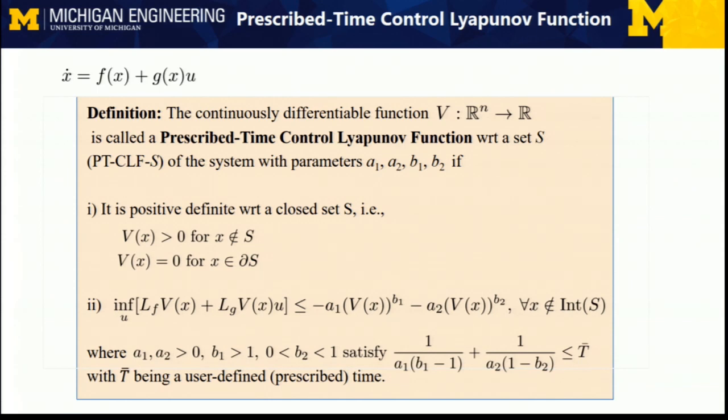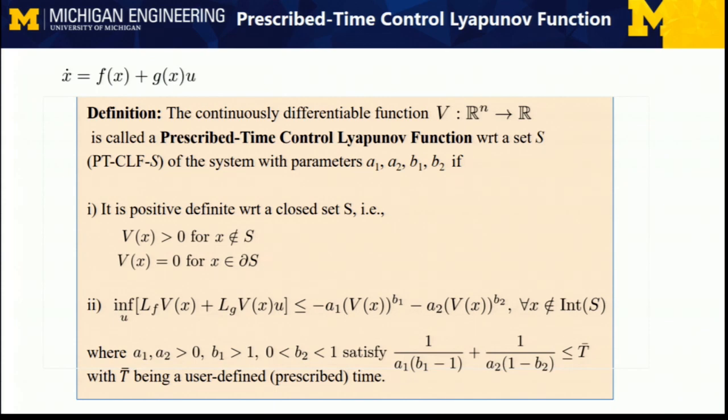It's the user, so if the user can define a time t bar such that it is lower bounded by this fixed time settling time ultimate bound given by these parameters, okay? And if your function satisfies these conditions, then that means that you can hit the set S, starting outside the set S, no later than this t bar time.